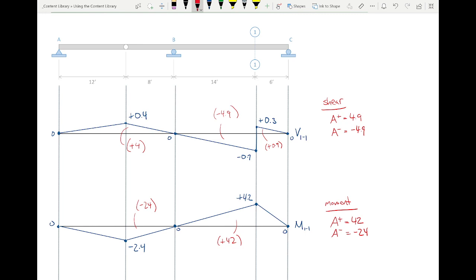So, just to be clear, this is 0. This is 18. Did I do that right? Would the positive for shear be 4? Well, that and that. Did I do this one right too? Okay. Keep those numbers in mind.